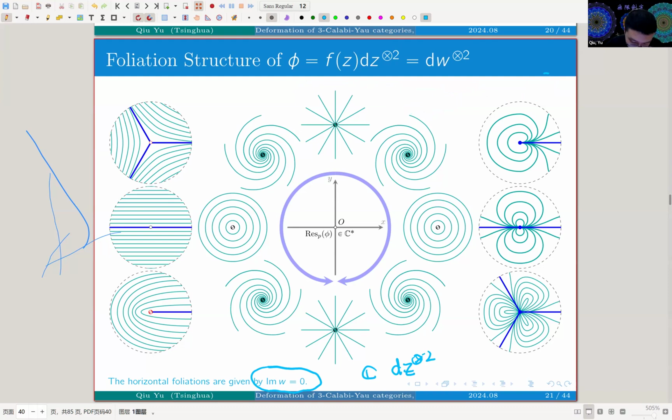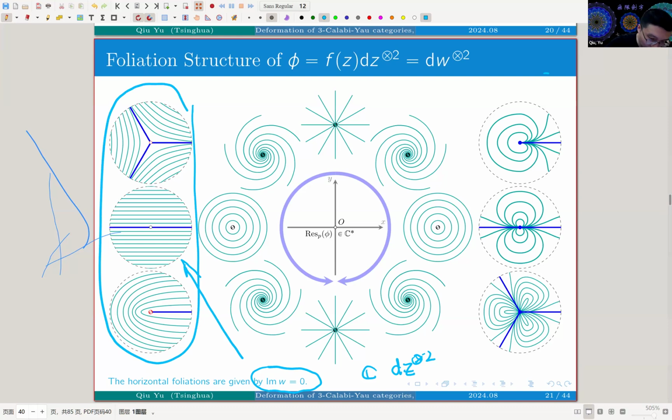Then imaginary part of z equals 0 gives you the horizontal foliation on C. So you just take Im z equals 0, then the equation tells you the horizontals are the geodesics. And in general, when you have singularities, on the left-hand side you have a simple zero.